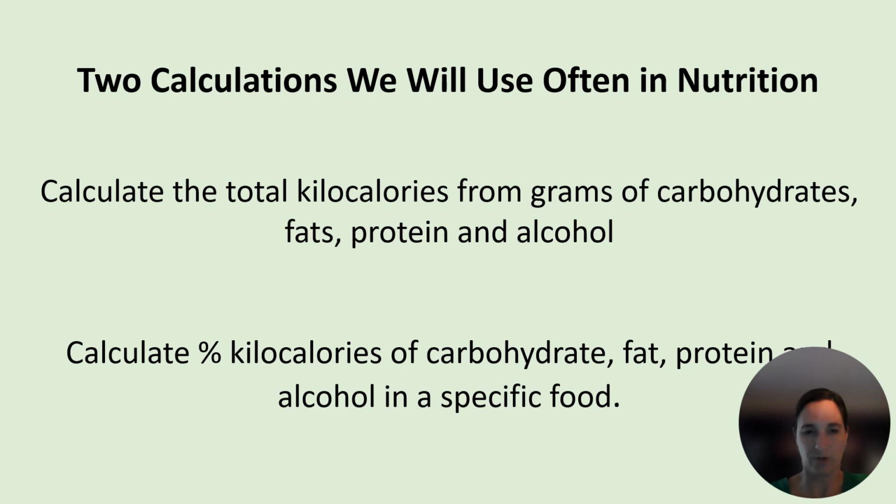So that's a really important calculation. And the second important calculation is to be able to calculate the percent of kilocalories of carbohydrates, fats, proteins, and alcohol in a specific food. So the total number of kilocalories from these four things and the percent of kilocalories from these four things. So this is a pretty simple thing to do. It's really just multiplication, and we'll check out a few examples.